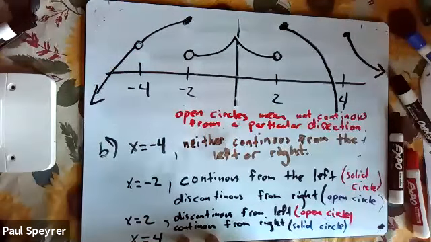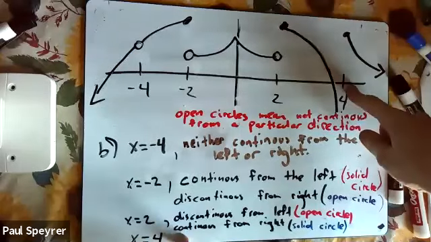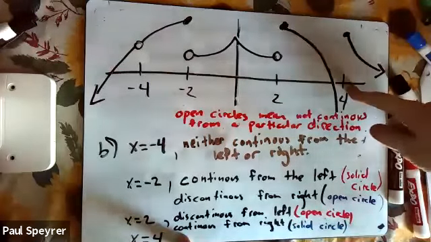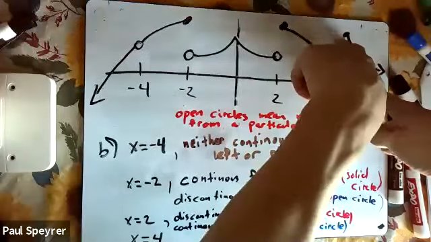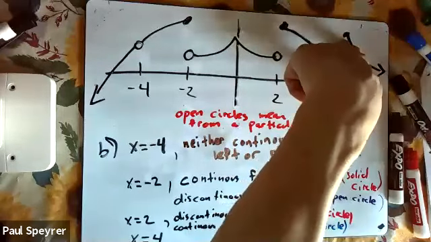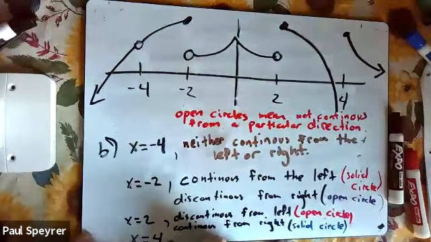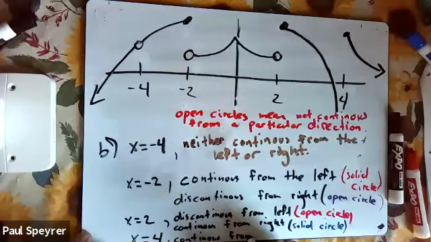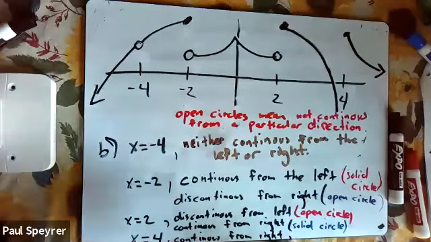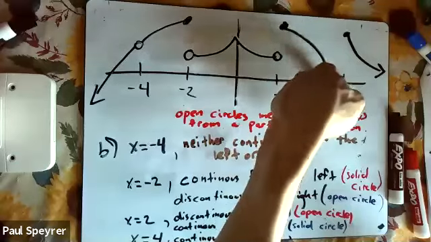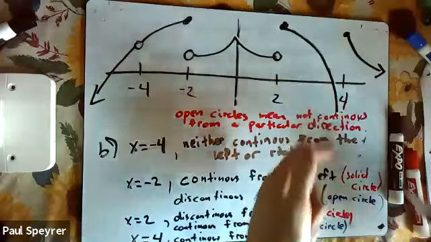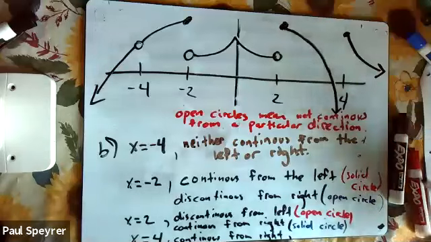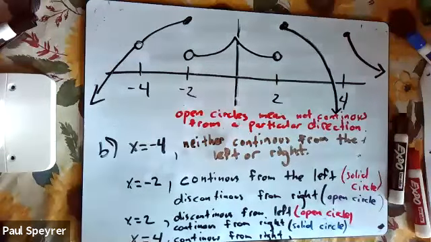Now, for the last one at x equals 4, right here. Well, we have a solid circle up here, so we know that it's continuous from the right. But then as we approach 4 from the left, even though there is no circle, it's implied that it's going down forever, towards negative infinity.